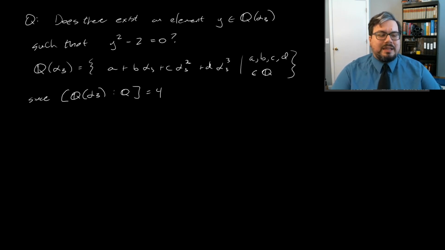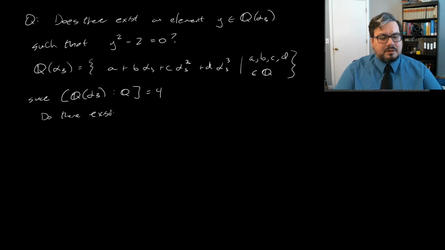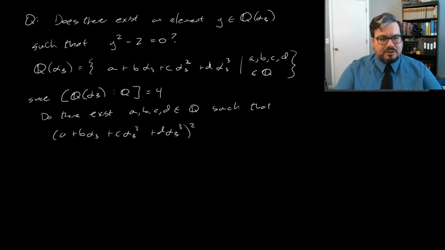So now we can ask, do there exist a, b, c, and d in Q such that (a plus b alpha 3 plus c alpha 3 squared plus d alpha 3 cubed) squared minus 2 equals 0?